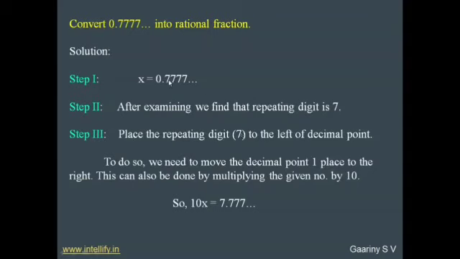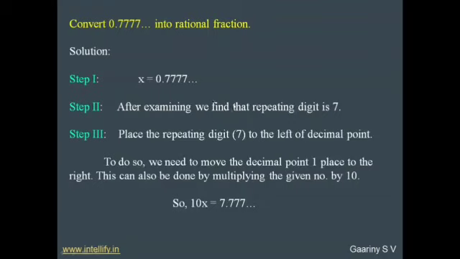In order to do that, you just simply have to move the decimal point one place to the right. That is, this can be found by multiplying the given number by 10. So you can multiply equation number 1 by 10.